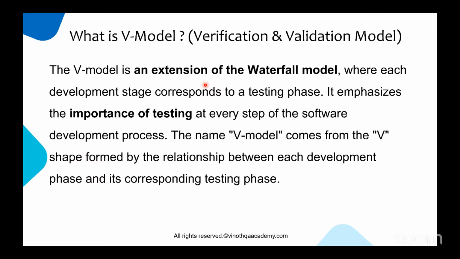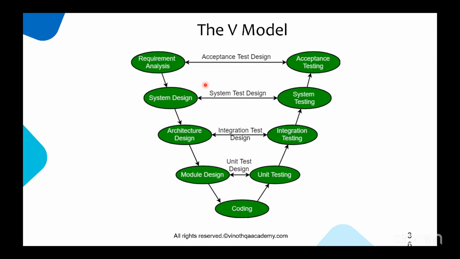Verification for the dev team, and validation for the testing team. That is the V model. Mostly we try to identify most of the errors or defects in these two stages itself, requirement and system, before going for the coding. Before that itself, we try to find defects as early as possible.